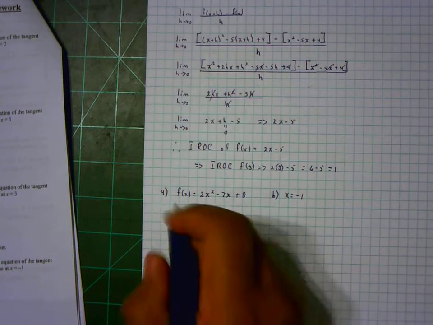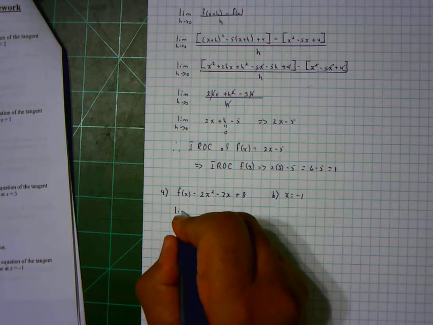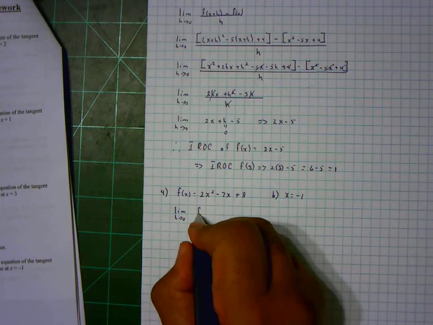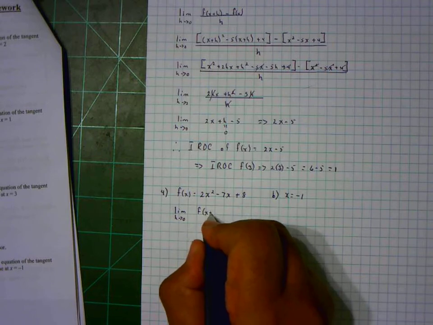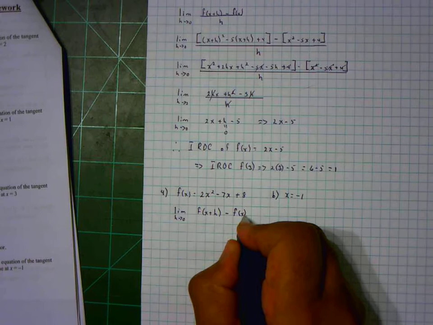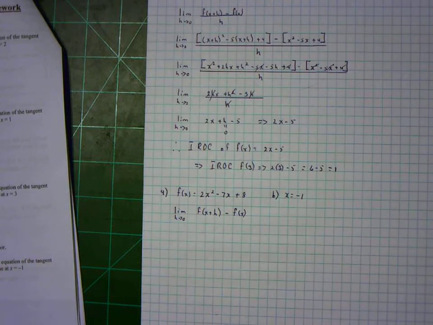So once again, we're going to set it up as the limit as h goes to 0 of f of x plus h minus f of x, and all of this is divided by h.